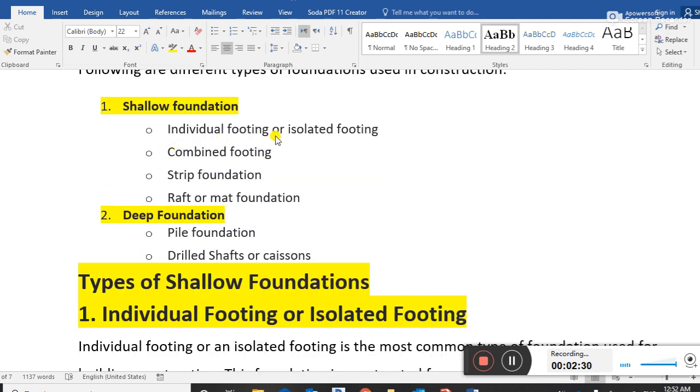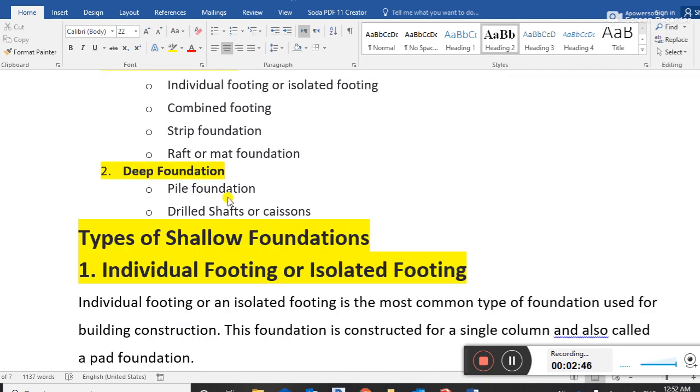Individual footings or isolated footings, combined footing, strip footing, raft or mat foundation. These are the subcategories of shallow foundation. What are deep foundations? Deep foundations are of two types: pile foundation and drilled shaft or caisson foundation. Pile foundation is also called pier foundation.